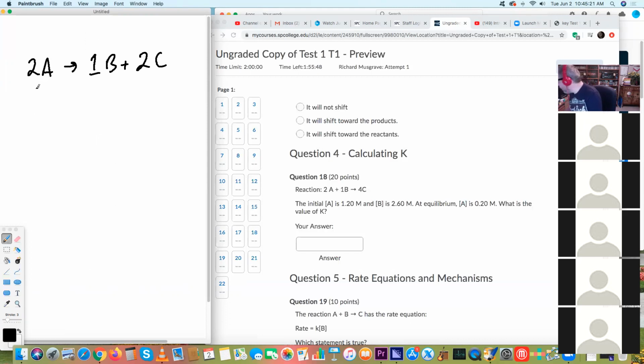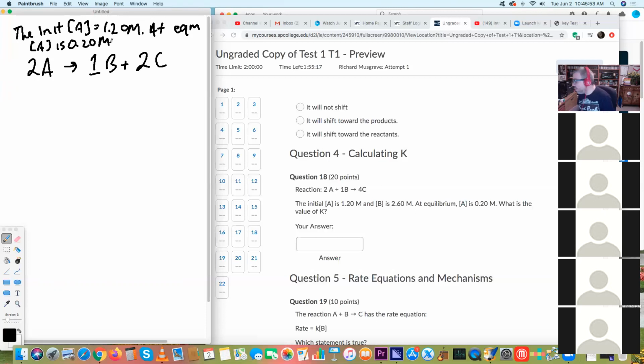So the problem then would become, the initial A is equal to 1.20, and at equilibrium, A is equal to 0.2. So let's say we have that as our problem.